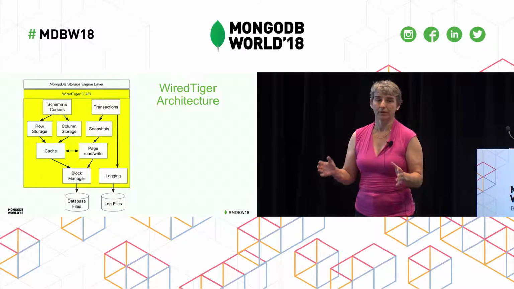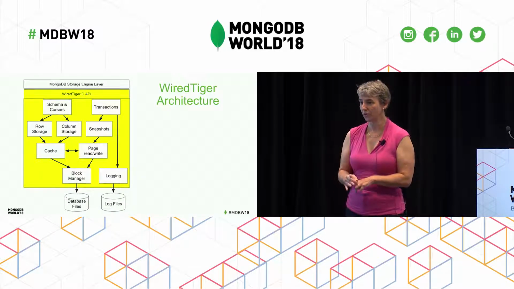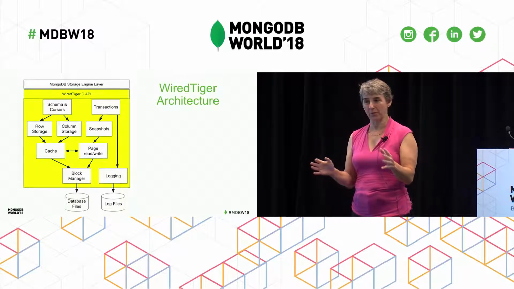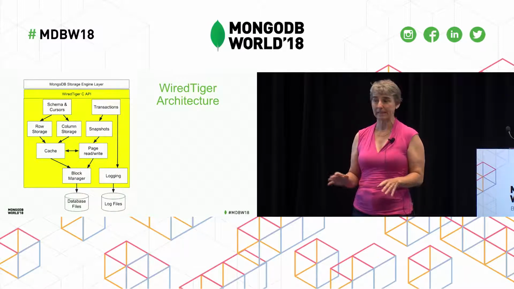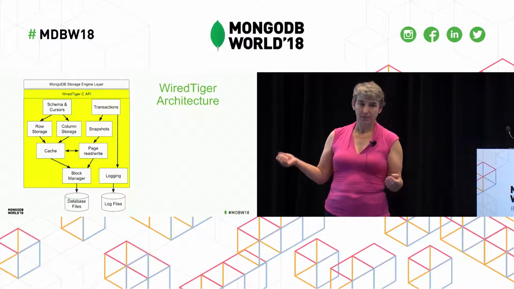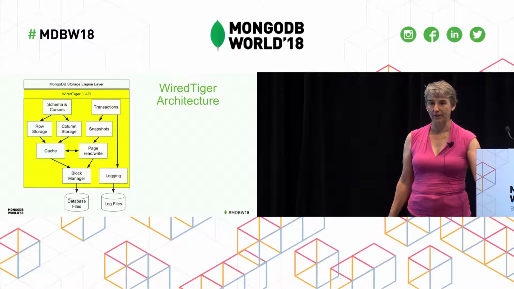In this talk, the logging subsystem refers to the write-ahead log, also known as the journal, and I will be using logging, log, journal in various forms throughout the talk. They all mean exactly the same thing. And so the transaction subsystem goes out to the logging subsystem, and those write log files on disk.